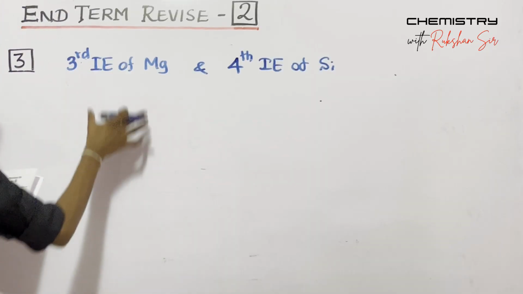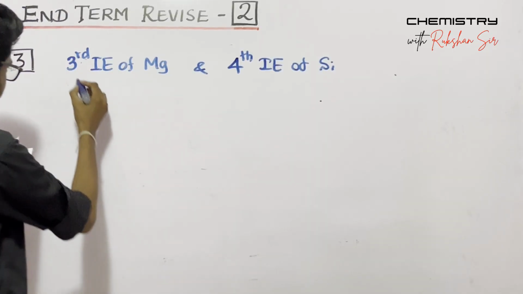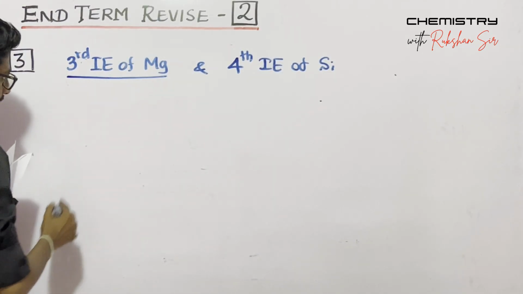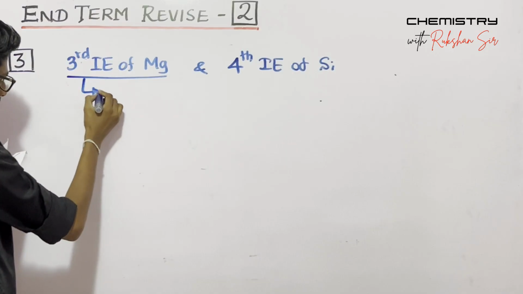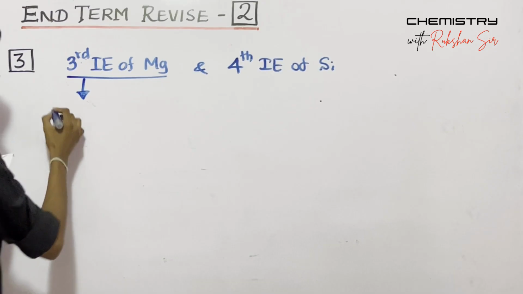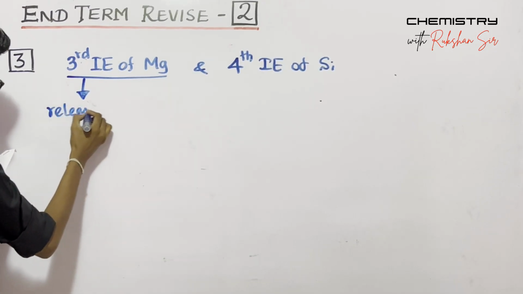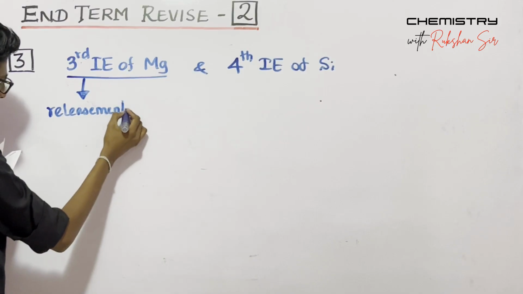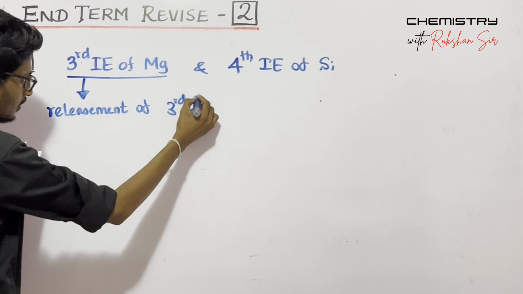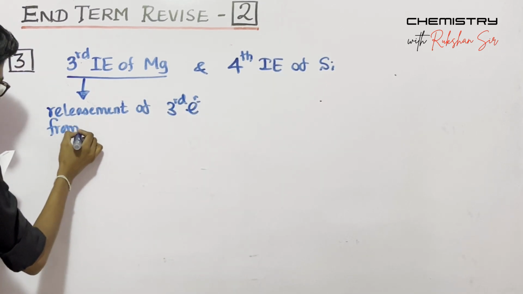So the third ionization energy of magnesium is actually the releasement of the third electron from the magnesium atom.